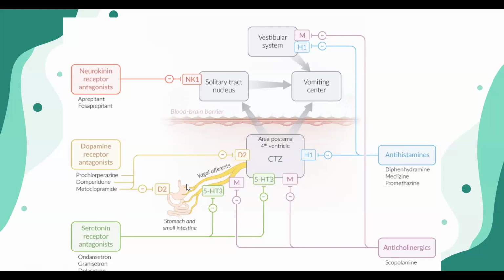So once you give something like a dopamine receptor antagonist, such as metoclopramide, you're inhibiting not just the central dopamine receptors, you're also inhibiting the peripheral ones in the stomach, right? Next we have the serotonin antagonist. We know ondansetron, and yeah, that's pretty much it for this slide. Now we can move on.